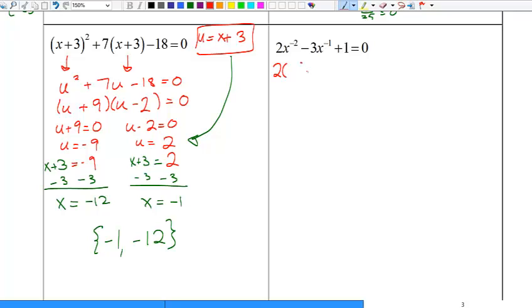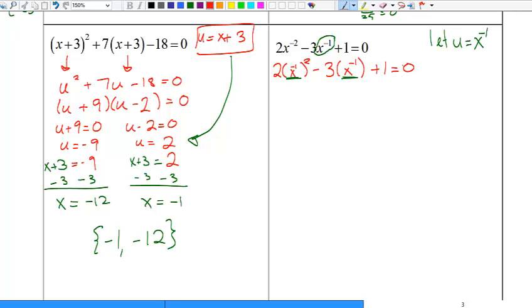So I can rewrite this as 2x to the negative 1 squared, because negative 1 times 2 is negative 2, minus 3 times x to the negative 1 plus 1 equals 0. I'm going to let u be equal to the middle term's variable part, x to the negative 1. That's the same thing that should show up in both parentheses.